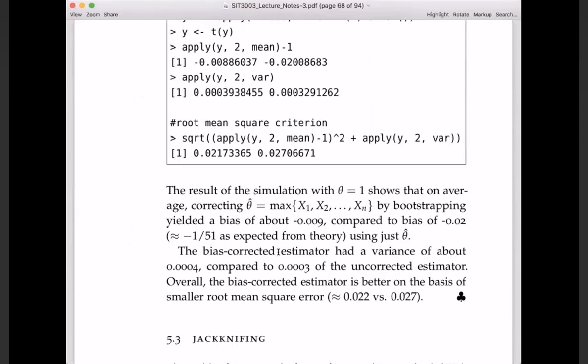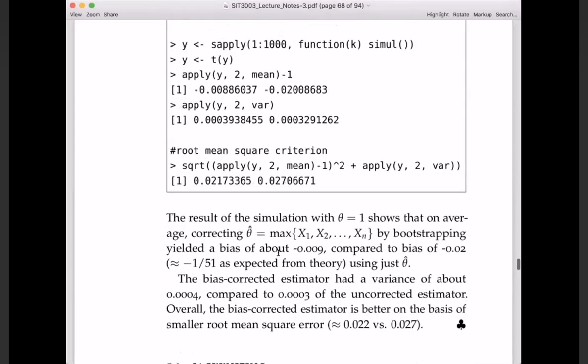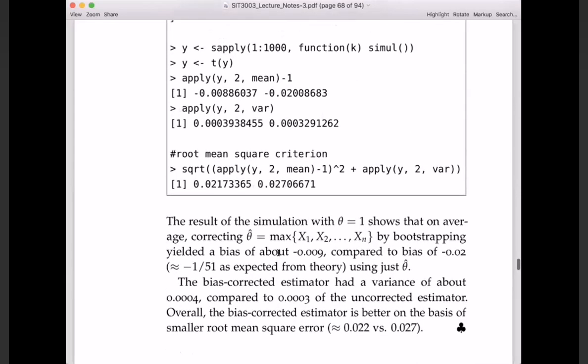So this simulation result shows you how to use bootstrapping for bias correction. Later in the tutorials, you will have some chance to practice on some other bias correction problems using bootstrapping.